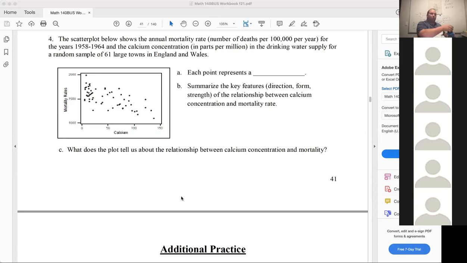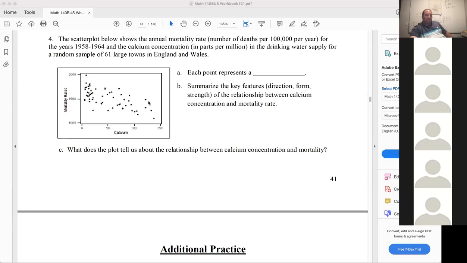Each point is a what? Is it the number of deaths per 100,000? Well, that might be where that point lands on one of the two scales. But what is the point itself? Each point is a town.